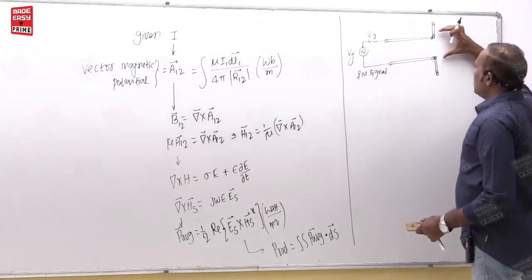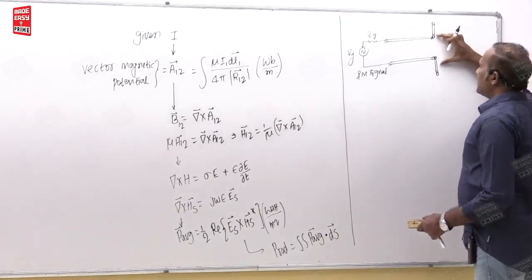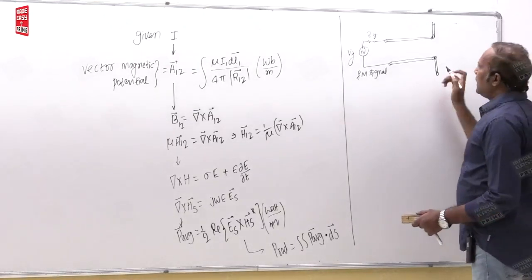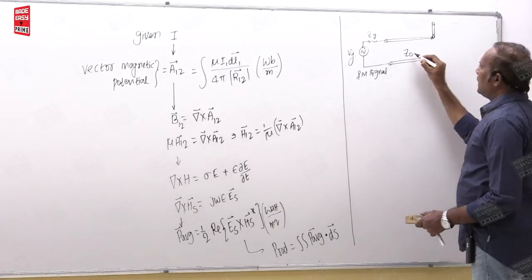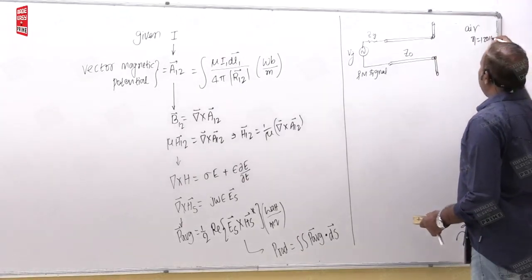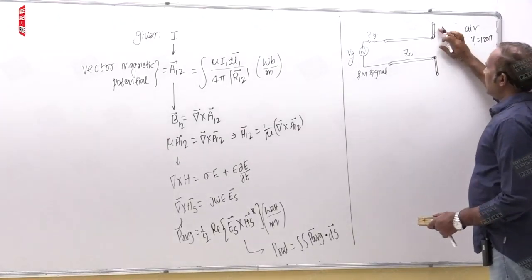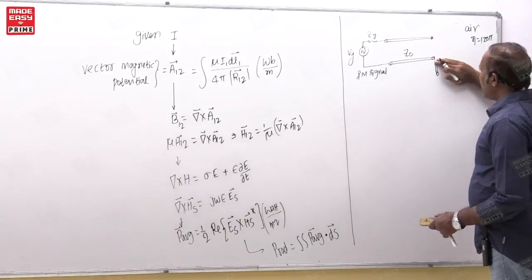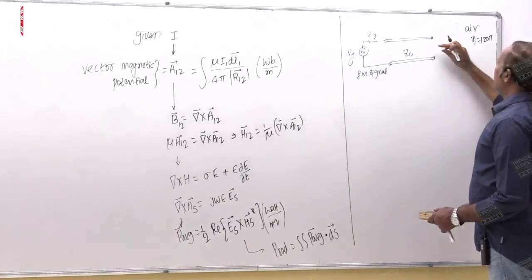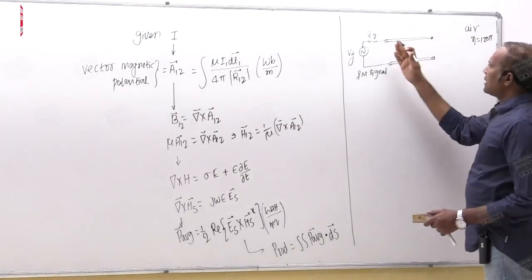Now this antenna is a device used to match the impedance of this transmission line and the air medium, that is eta equal to 120 pi. That is one purpose. For example, if you don't use this antenna, then here open ends are there, and this impedance and the air impedance are not matched, so the total signal is reflected.